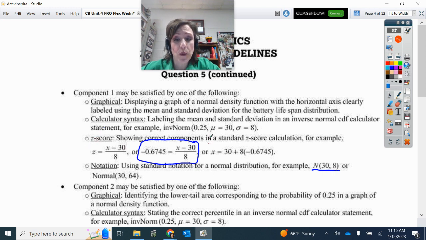If you show the correct standard z-score calculation, for example, z equals x minus mean over the standard deviation, the 8, or even if you had filled in the numbers, negative 0.6745 equals x minus the mean over the standard deviation, you may have even done the mean plus negative 0.67 standard deviations. Those all would have given credit for indicating the normal model being used.